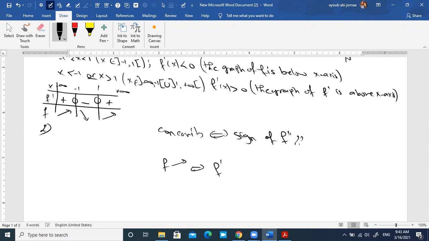Yes. If a function is increasing, what can you say about the sign of the derivative? Positive. Was decreasing, the derivative is negative.